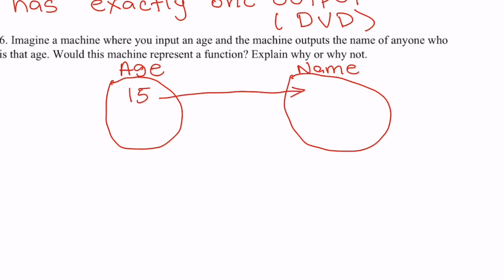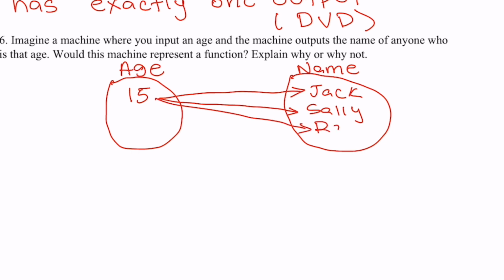I have a friend named Jack who's 15, and a friend named Sally who's 15, and a friend named Rachel who's 15. And I think we can see that this is not going to be a function because the input 15 already has 3 outputs, and it probably has many, many more because I think a lot of you are 15. So no, this is not a function.